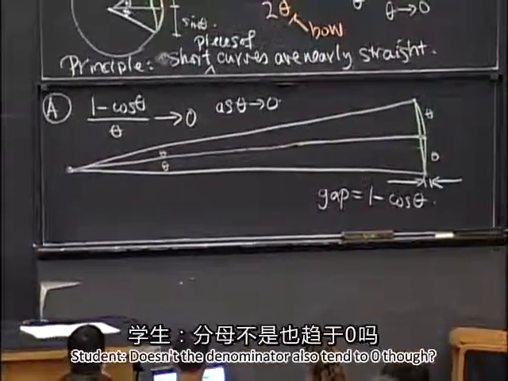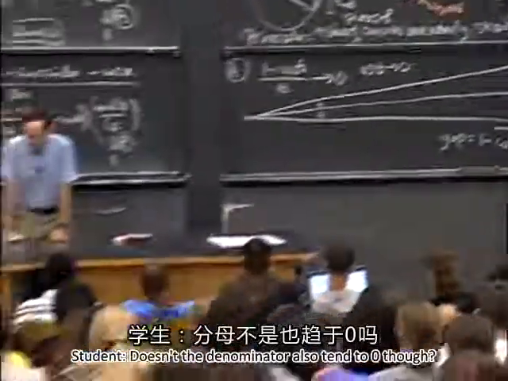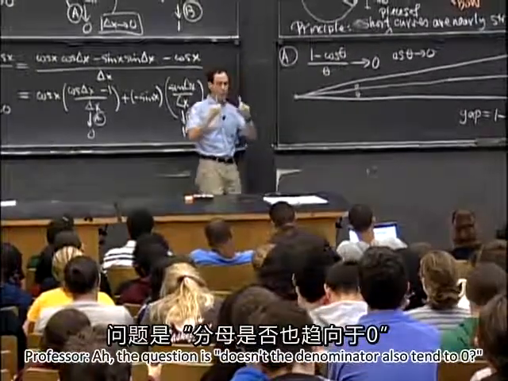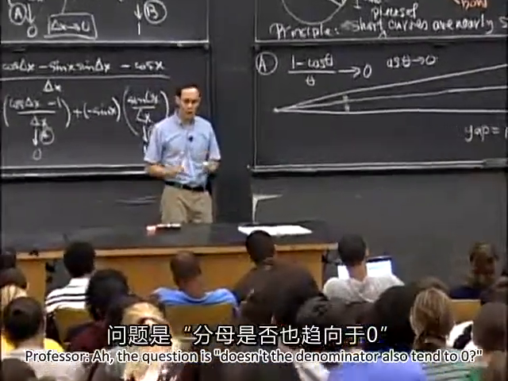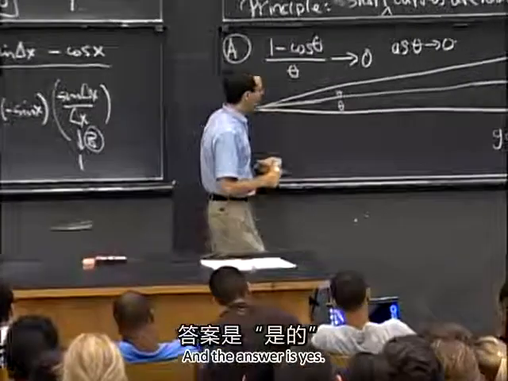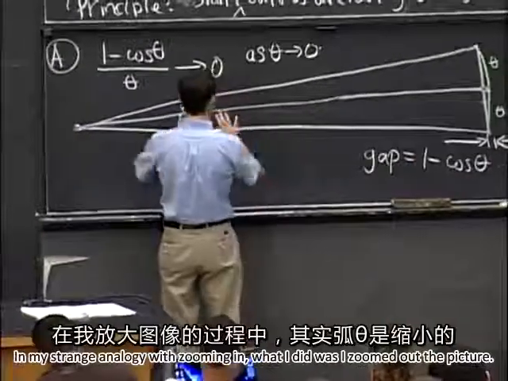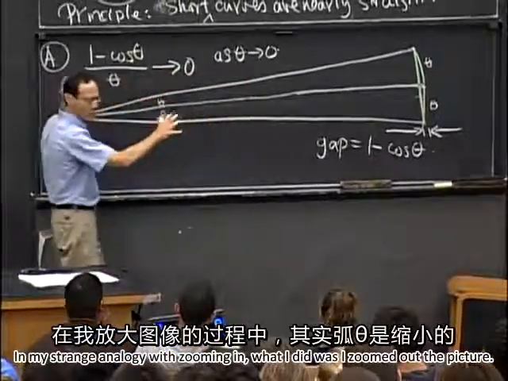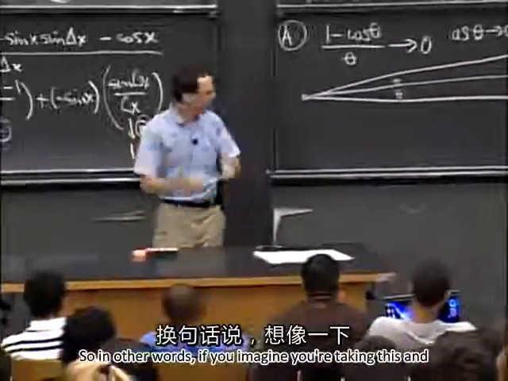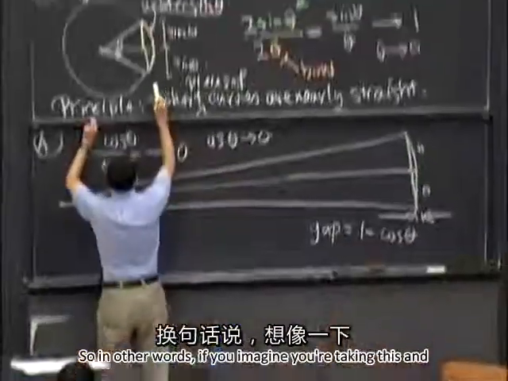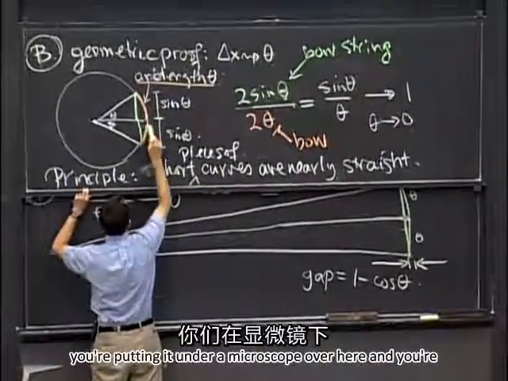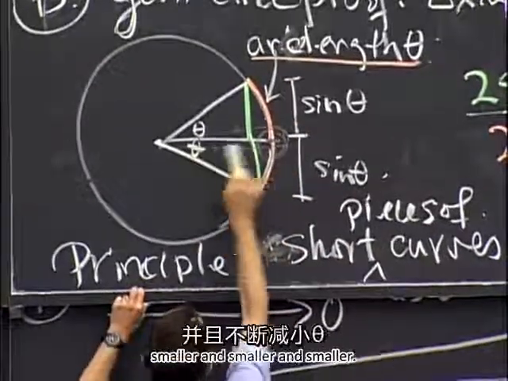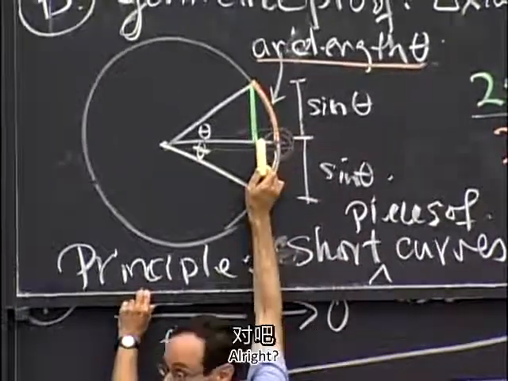Yeah, question down here. The denominator also tends to 0, though? The question is, doesn't the denominator also tend to 0? And the answer is yes. In my strange analogy here with zooming in, what I did was I zoomed out the picture. So in other words, imagine you're putting this under a microscope over here, and you're looking at something where theta is getting smaller and smaller. All right?